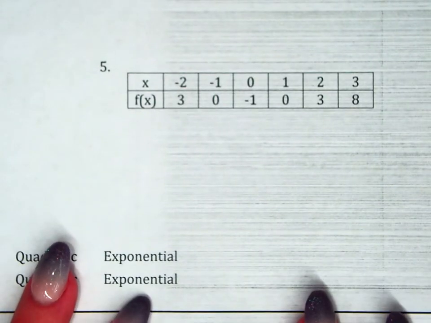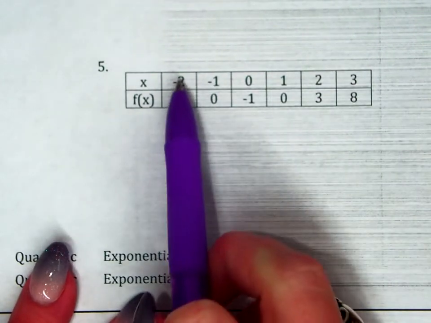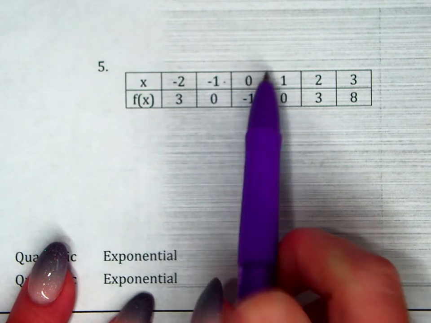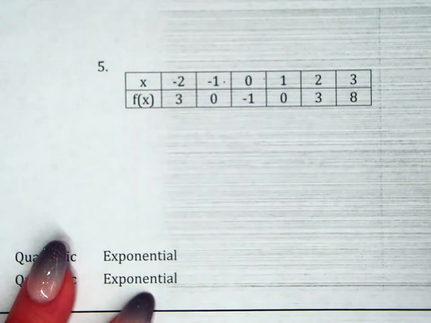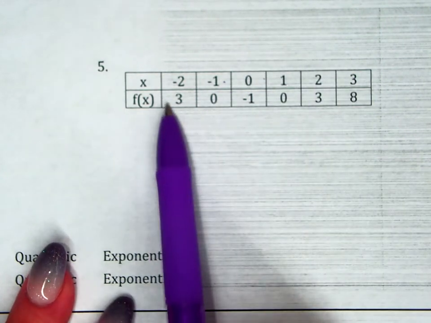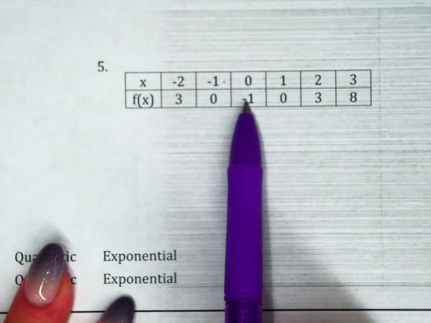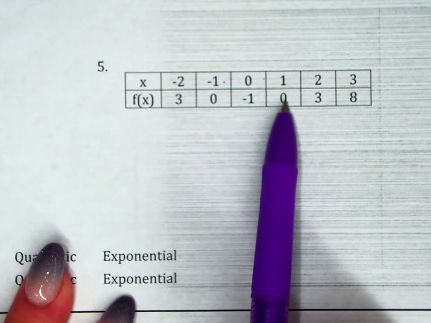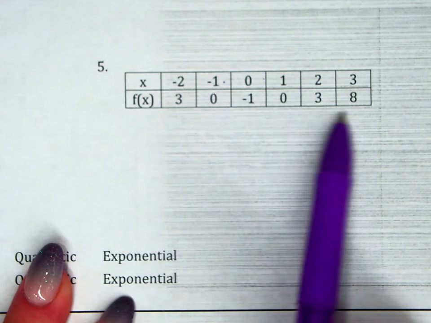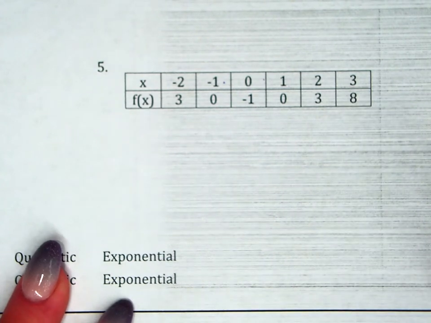So number 5, I've got consistently on top +1, +1, +1, +1, +1. Then down here, 3 to get to 0 is a change of -3. Then this is -1. Then this is +1. Then this is +3. Then this is +5. Well, it's not consistent.